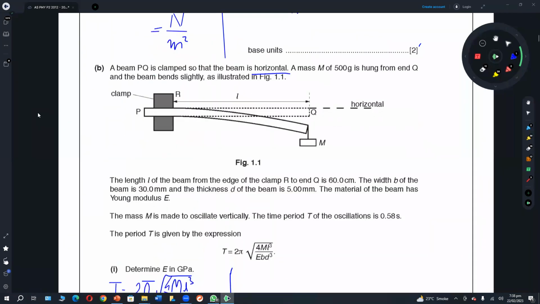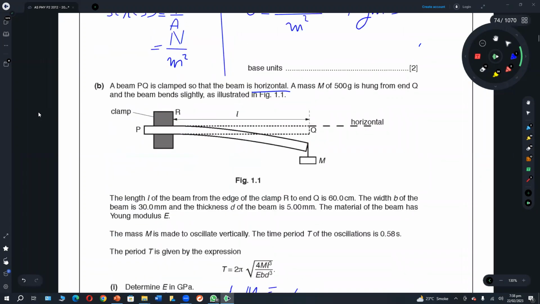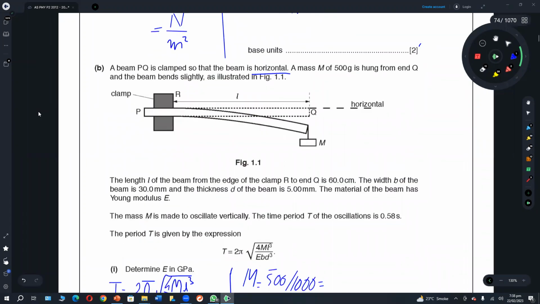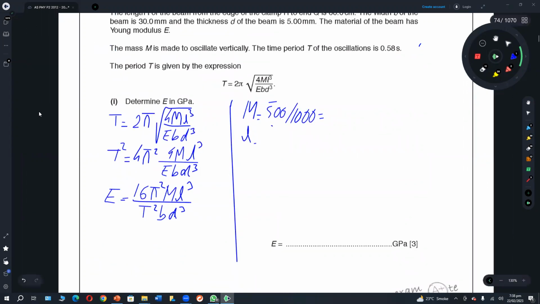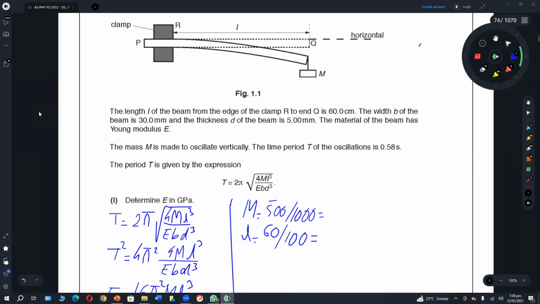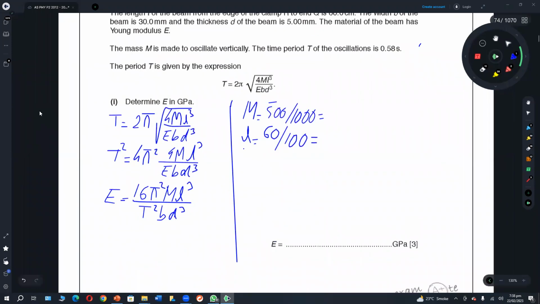Now you have to see the data. Mass is 500 gram. He's playing with the units again. 500 upon 1000, I have to use that. And 60 centimeter the length. So 60 upon 100. The width is 30 millimeter.